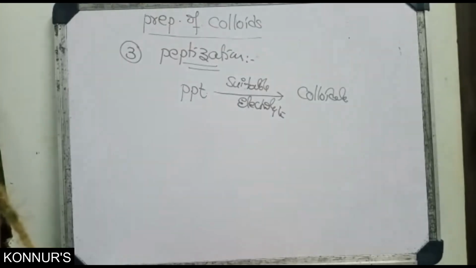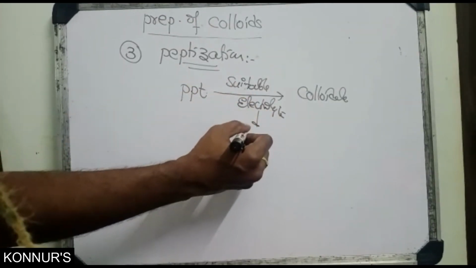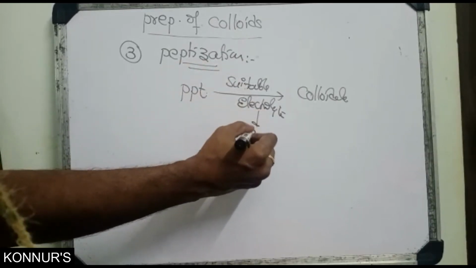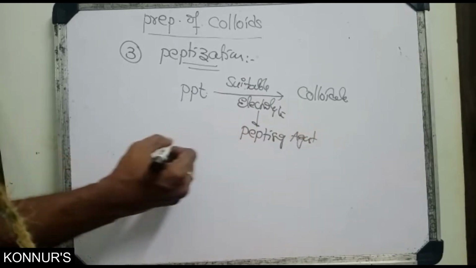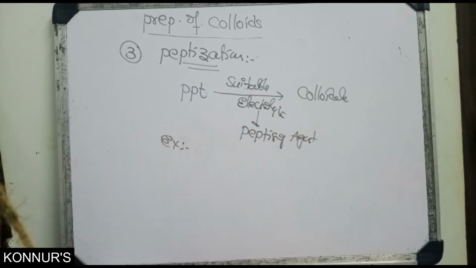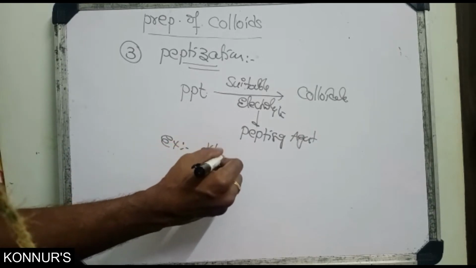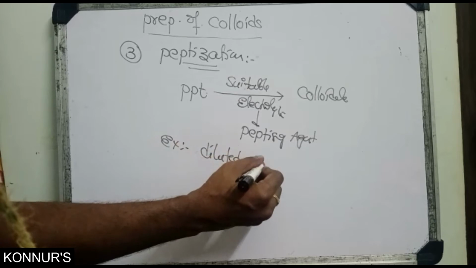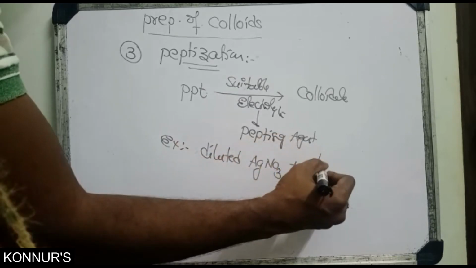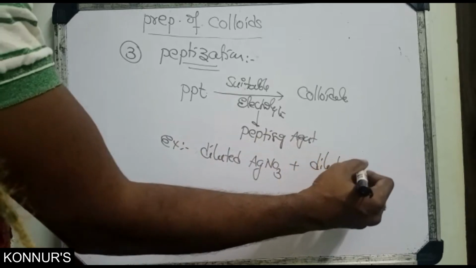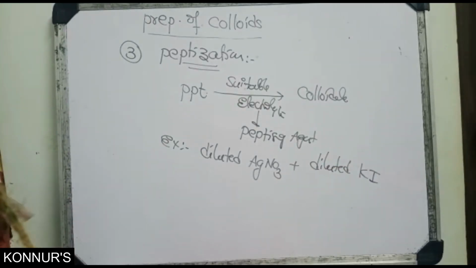in the solution only. This electrolyte you call a peptizing agent. One best example: take very dilute silver nitrate solution added to dilute potassium iodide. Then what happens?